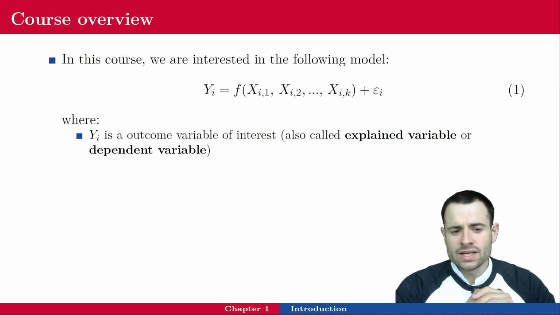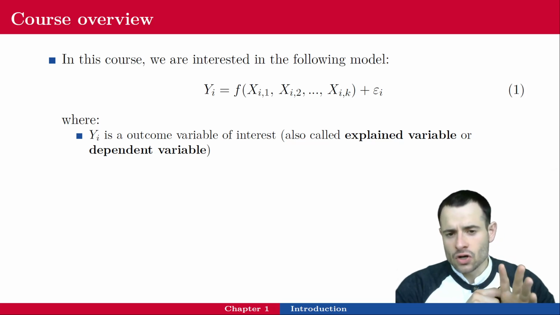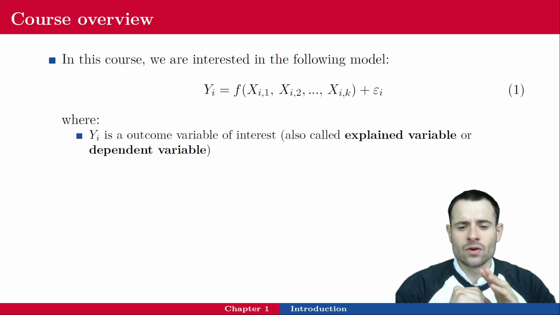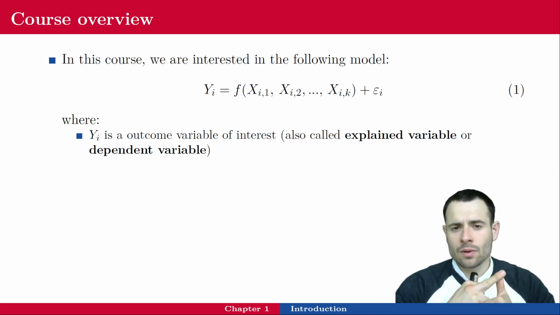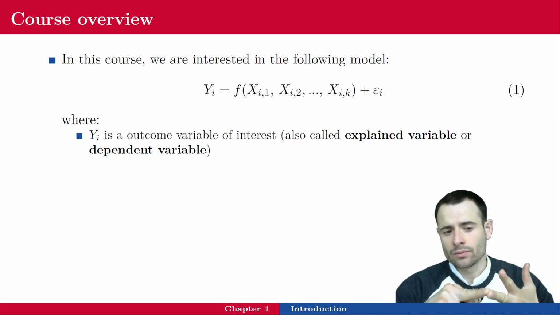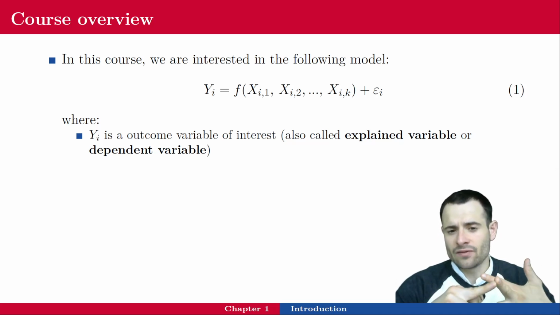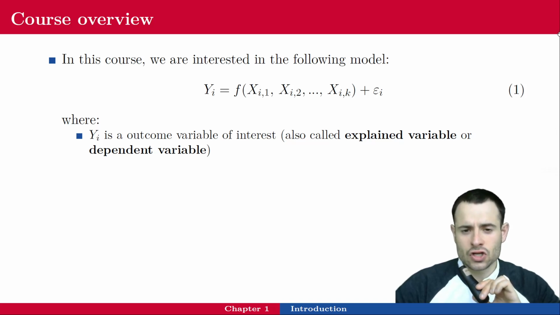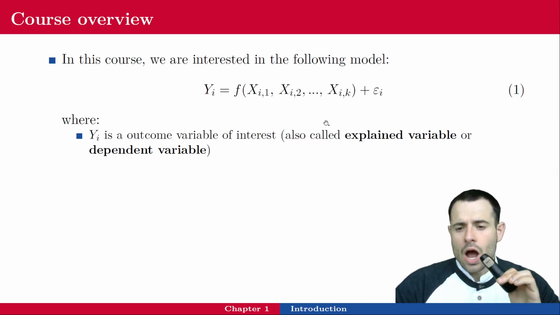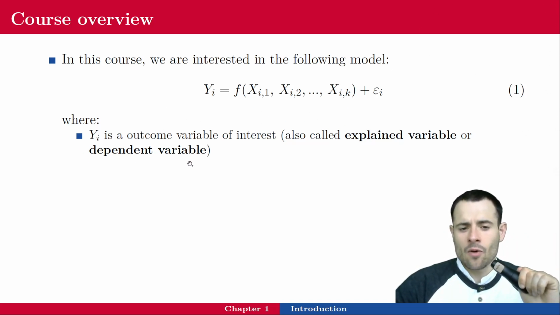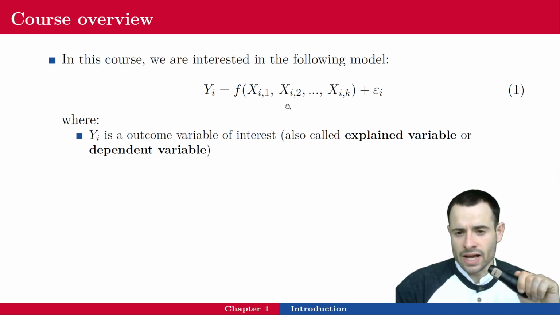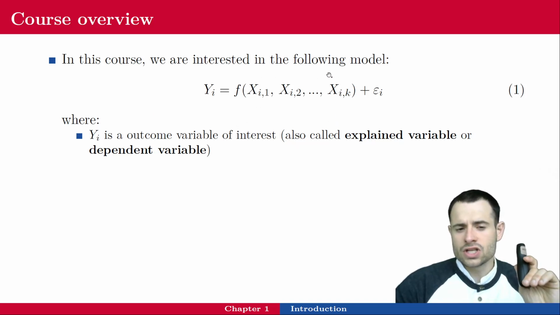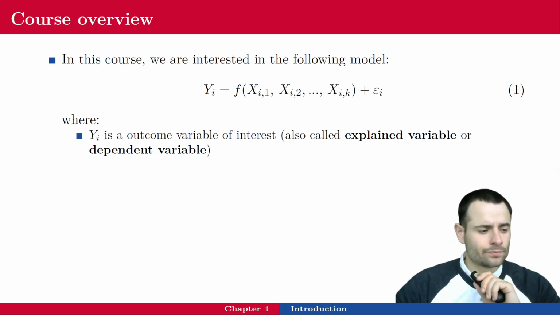So Y is the outcome variable. I am going to use different names over the course: either outcome variable, explained variable, or dependent variable. It is the explained variable because I want to explain it by this function of the X's. I'm going to call it dependent variable as well because it depends on the X's. Or in general, it's also dubbed the outcome variable.